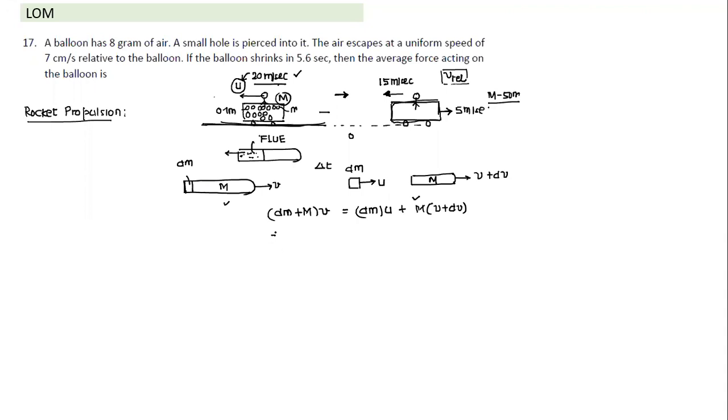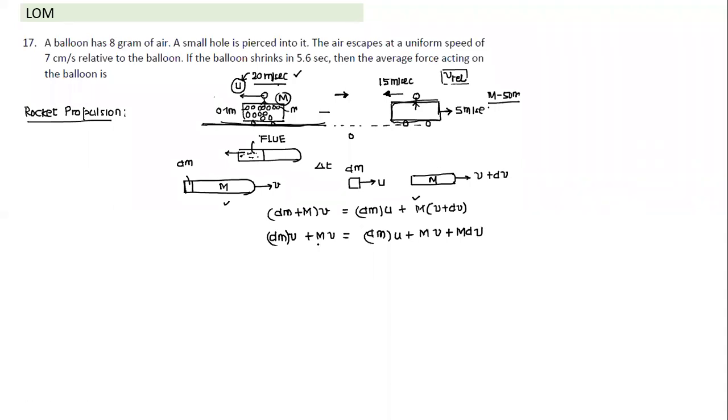So we get dm into v plus m into v is equal to dm into u plus mv plus m dv.